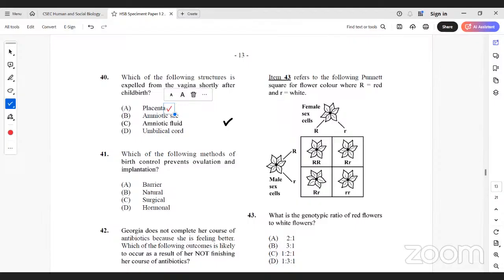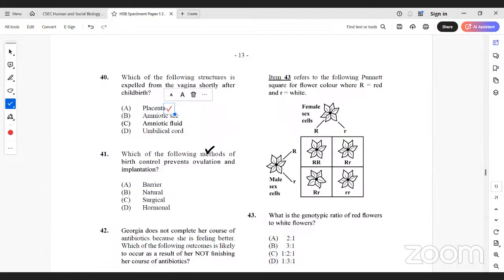Which of the following methods of birth control prevent ovulation and implantation? Ovulation is the release of the egg. Implantation is where the fertilized ovum is trying to implant and embed into the walls of the womb, the walls of the uterus.